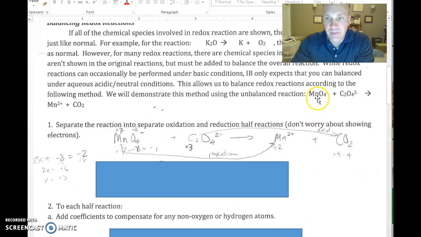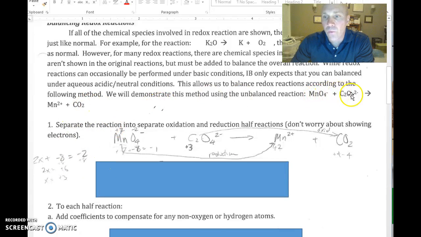So as we said, in this particular reaction, permanganate is going to get reduced to make manganese ion, and oxalate is going to get oxidized to make carbon dioxide. All right. So first of all, the first step here is to separate the reaction.